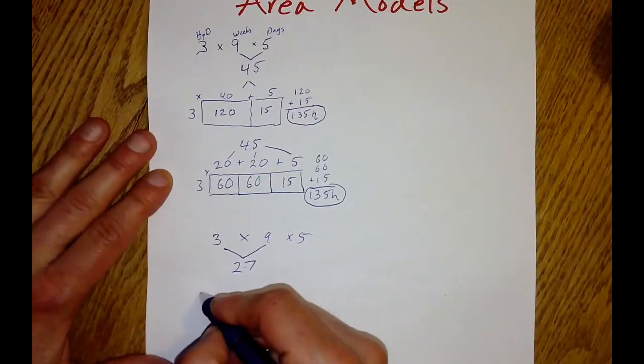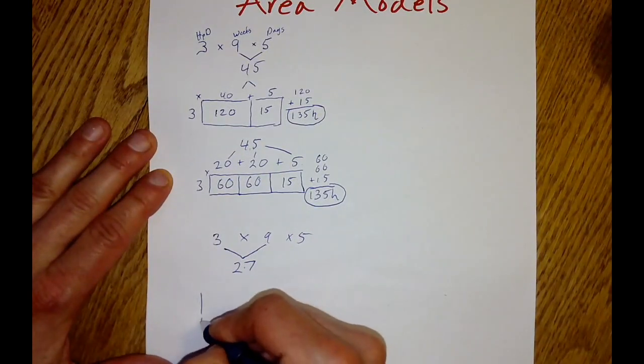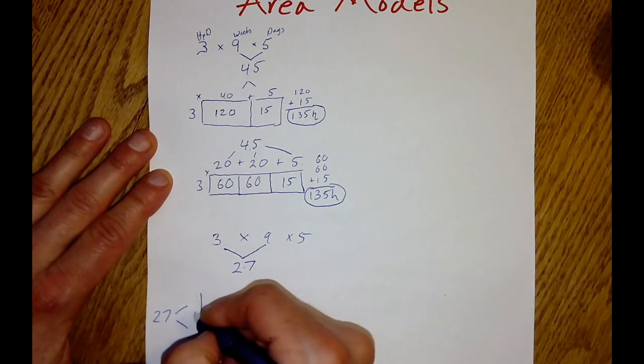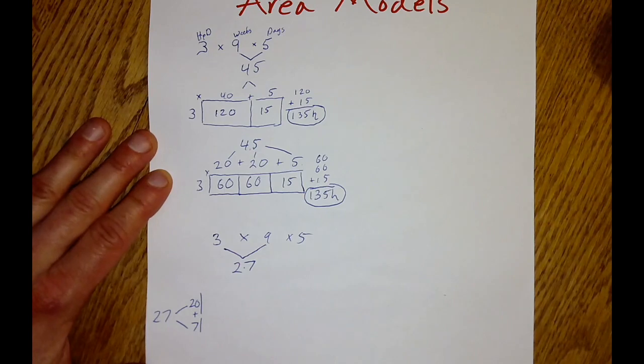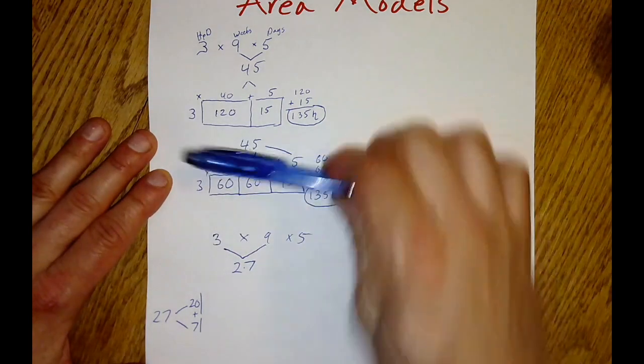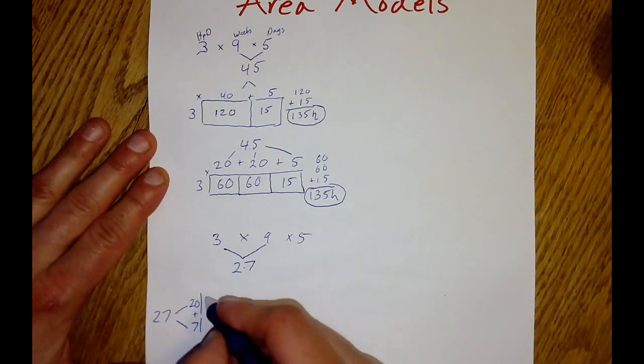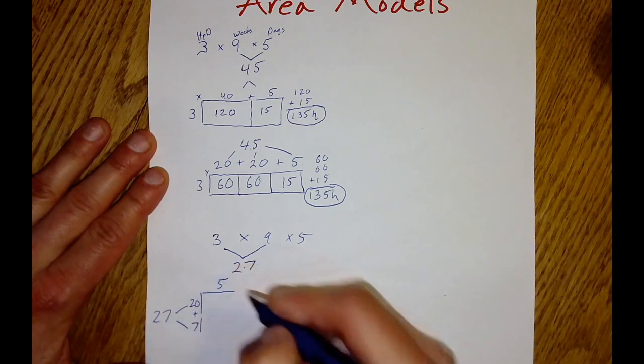I'm going to put it here, and let's take that 27 and decompose it into a 20 plus 7. And you can put it on either axis. So now, let's go ahead and take that 27 times 5.